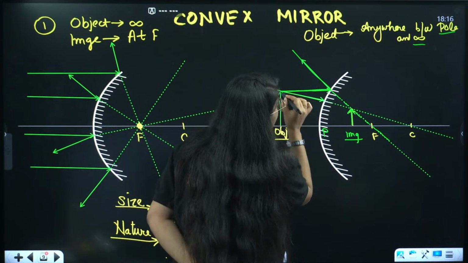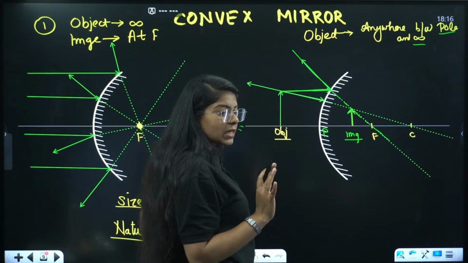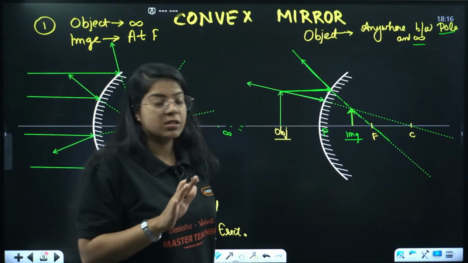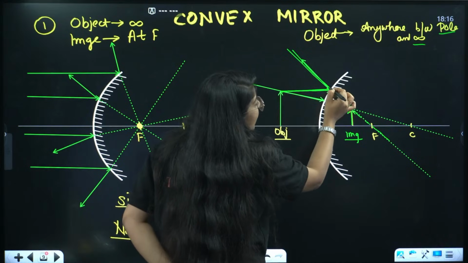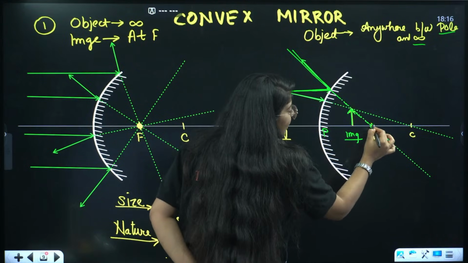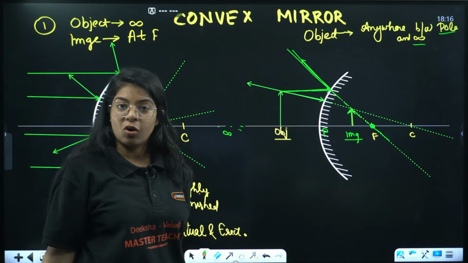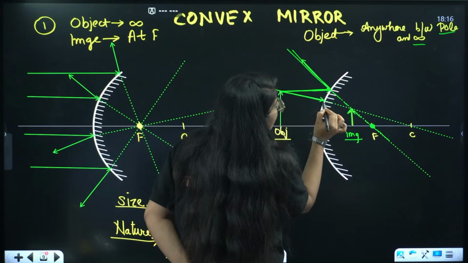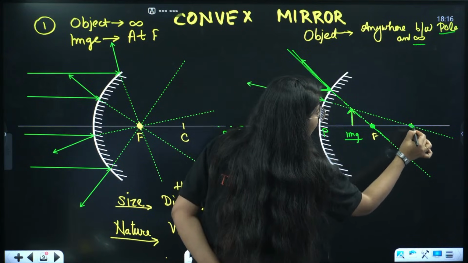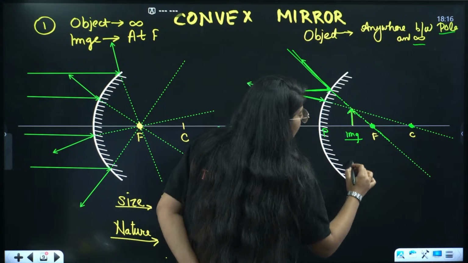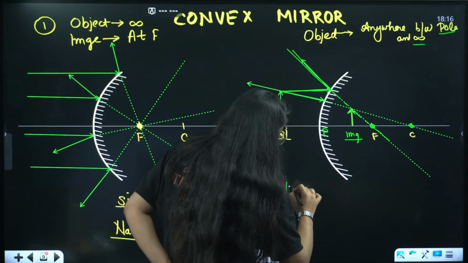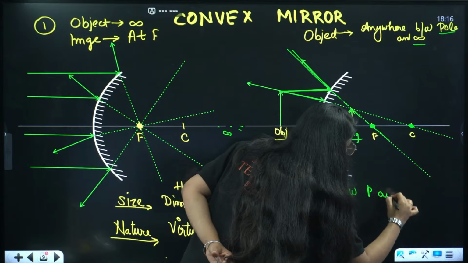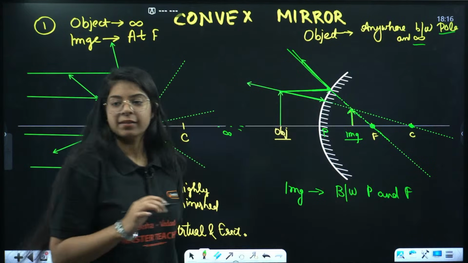If the ray is parallel, it will pass through the focus, but since it's a convex mirror, the actual ray will not pass through the focus, the ray will get diverged. But if we extend it backwards, we will see that it is passing through the focus. And same for the center of curvature. Here you pass the ray, and if you extend it backwards, you will see it is coming from the center of curvature. So the image is formed between pole and focus.